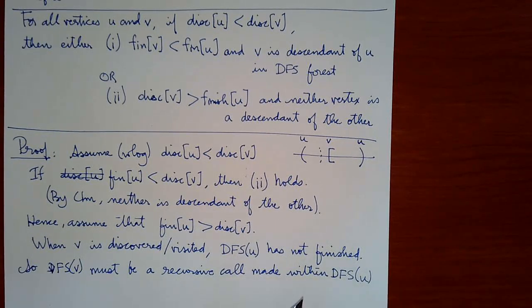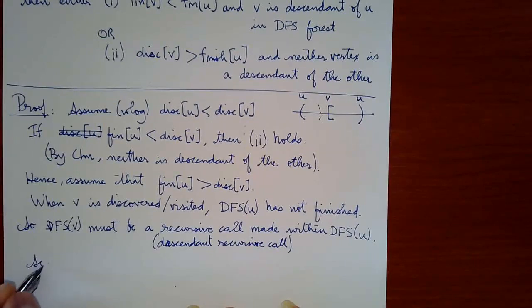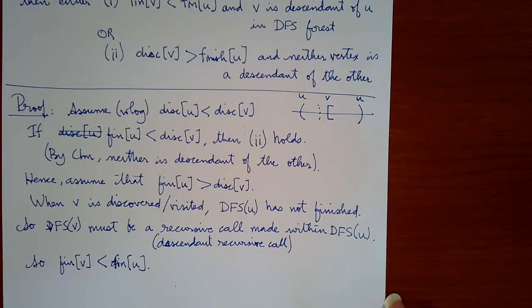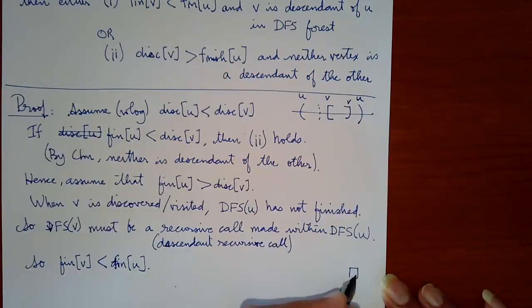It might not be a direct child, but a descendant recursive call. So DFS of V must be a recursive call made within DFS of U. So the finish time of V has to be less than the finish time of U, because it's a recursive call. And so you have this situation, and that completes the proof.